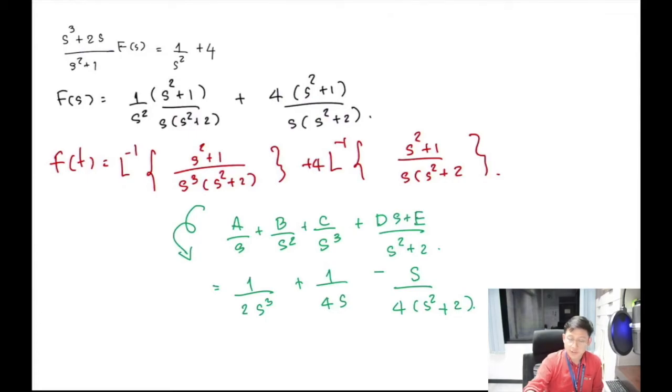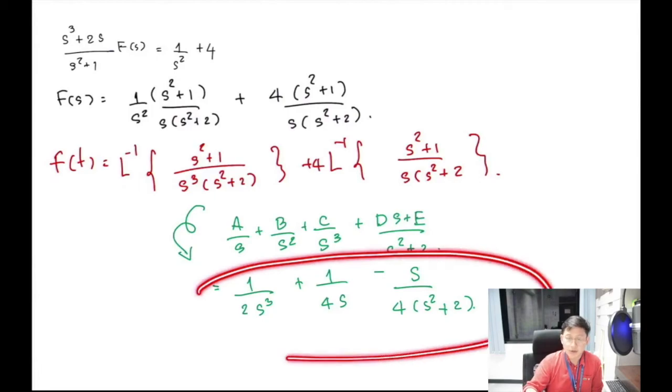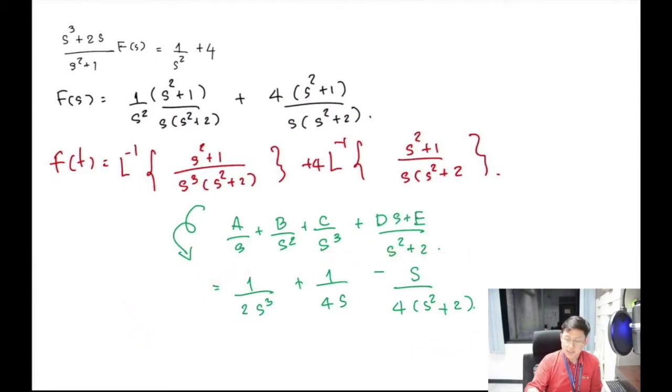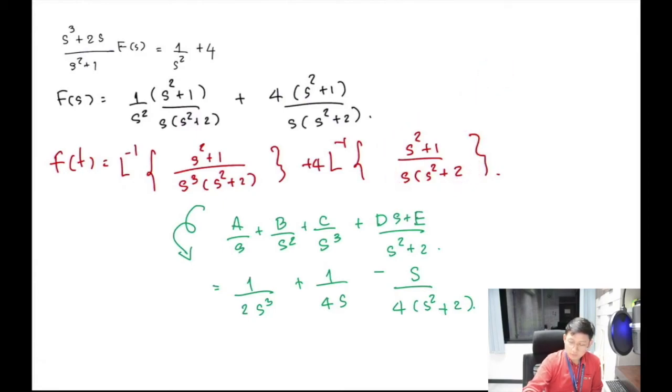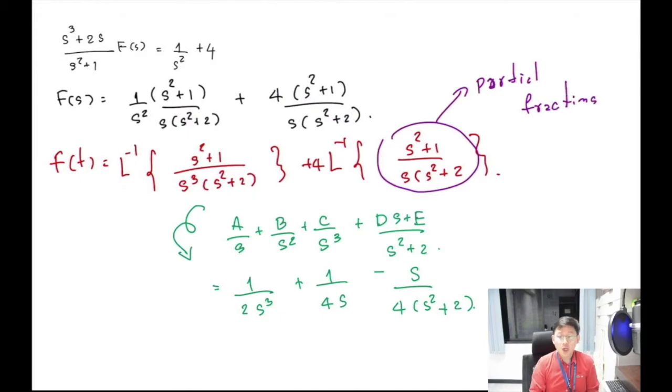And then you just need to apply the inverse Laplace transform to this line. And here, similarly, you need to do the partial fraction. It's gonna be quite long, and I'm not going to do it. Guys, in the exam, I hope it won't be this hard.